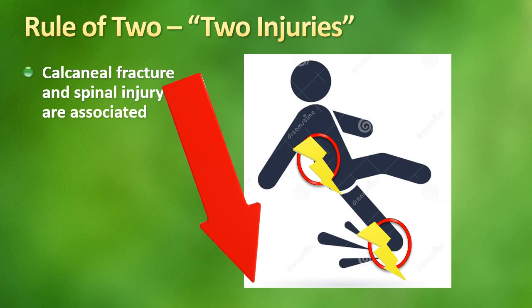So, the injury of the spine, pelvis, or hip is the second injury which may be hidden along with the calcaneal fracture, and one should take active steps to diagnose this second hidden injury.